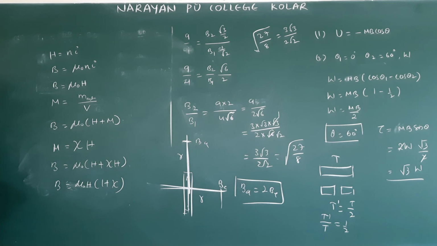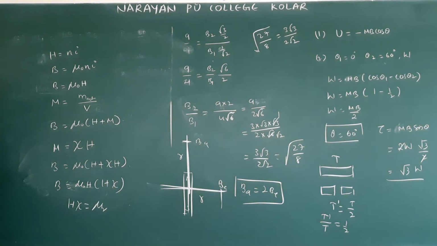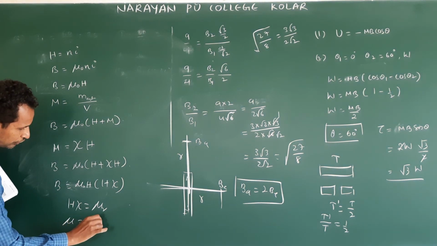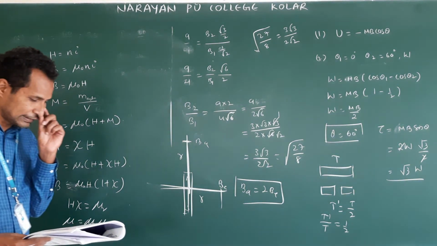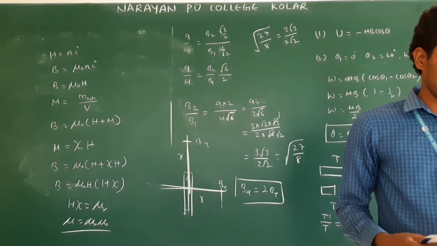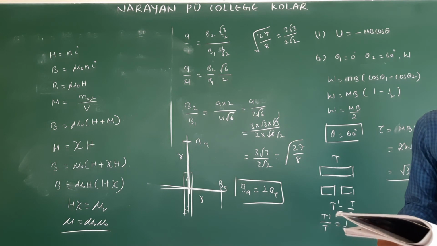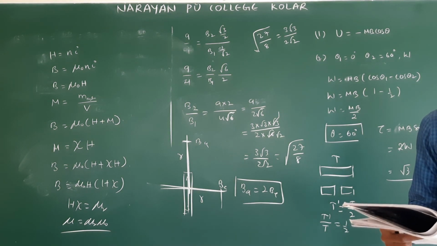Understand? So 1 plus susceptibility is equal to mu R. And we have one more relation: mu is equal to mu R into mu naught. Based on the susceptibility value and mu R value, we divided all materials into three groups: ferromagnetic, paramagnetic, and diamagnetic. So you see all the relations.